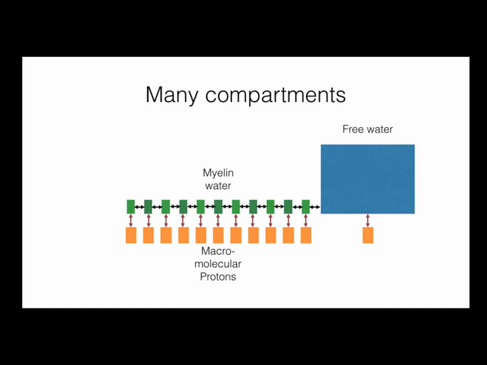That is the lipids in the myelin layers that can exchange magnetization with all of those, and then the water has to exchange, crossing all the myelin layers into the free space. So a complete model of T1 relaxation and magnetization transfer would be a whole lot more complex than a two-pool system.